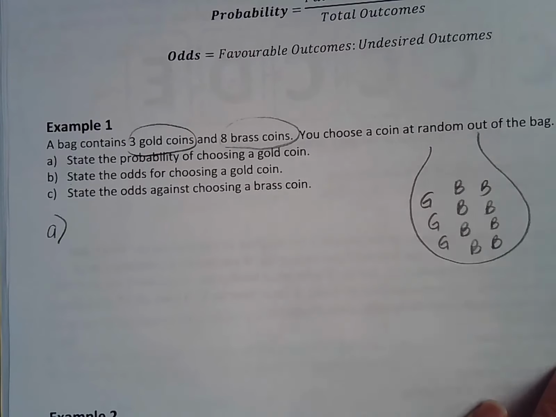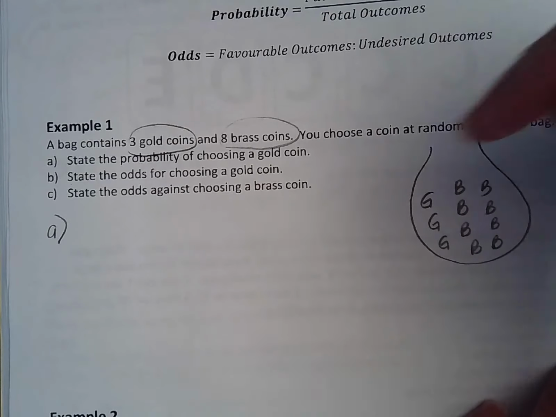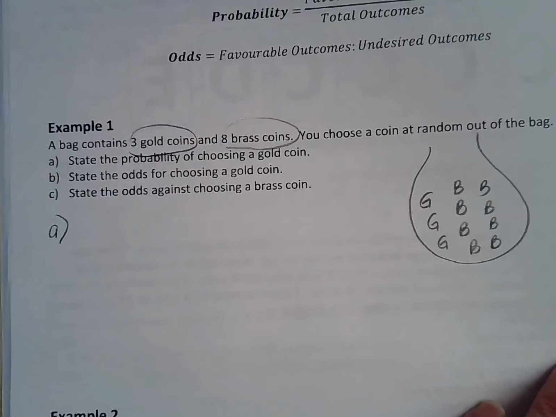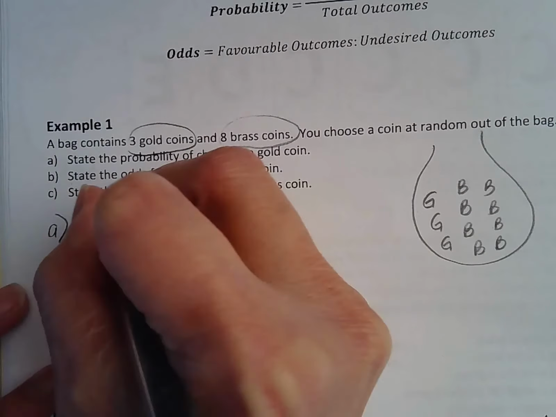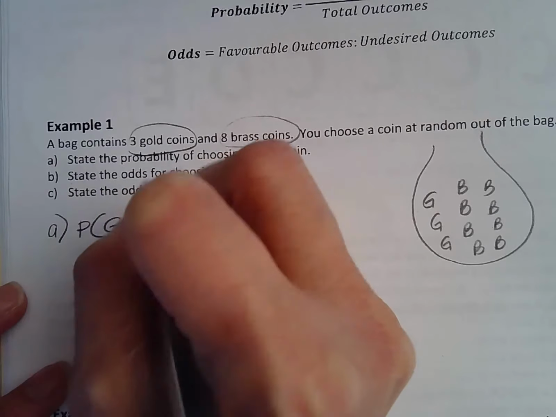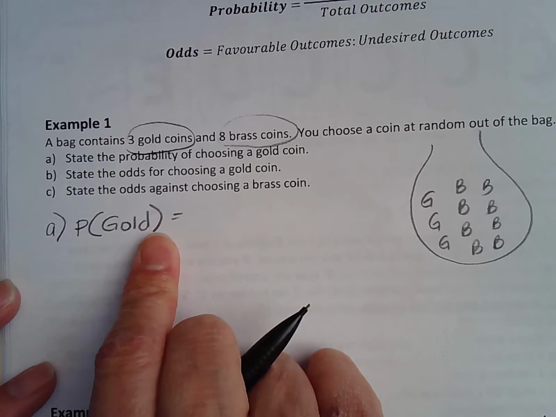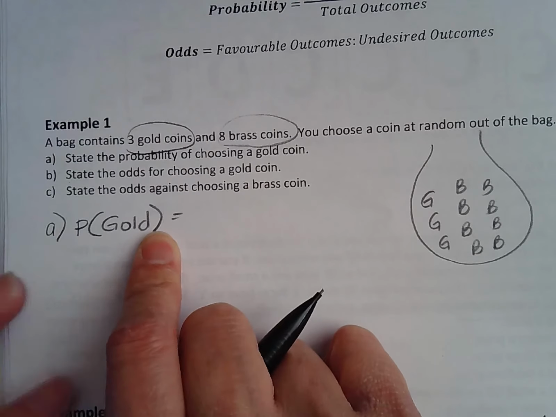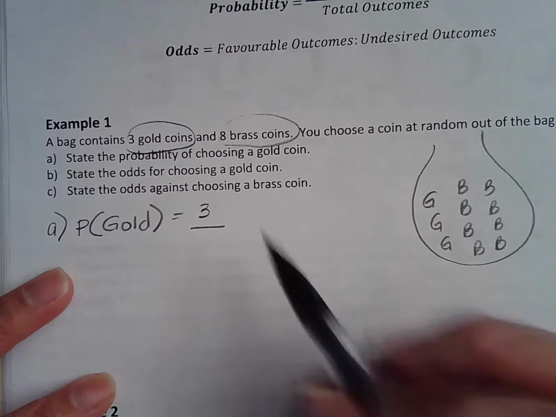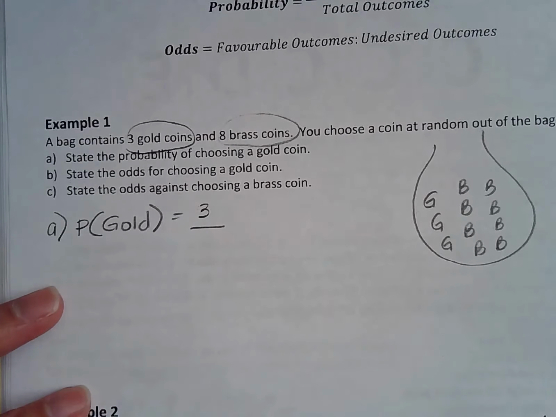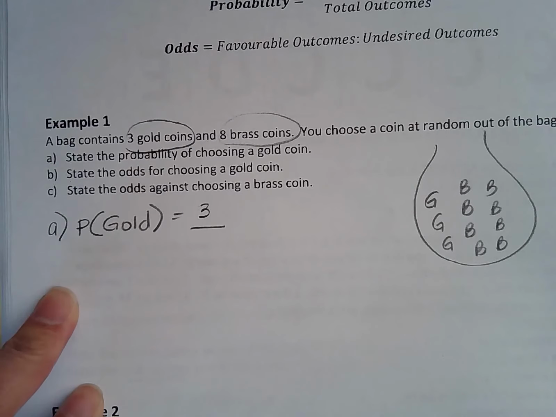So what is the chance that we're going to pick a gold coin out of the bag if we pick one? So probability of gold, P brackets gold. How many golds are there? There's 3 out of, when it's probability, out of everything.